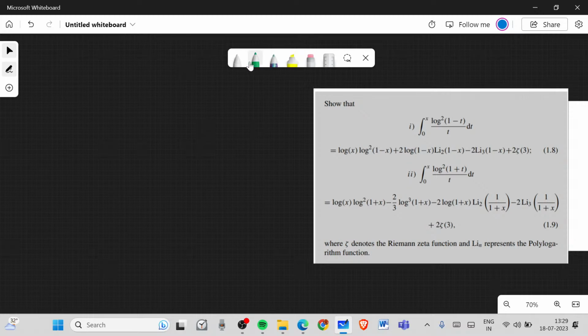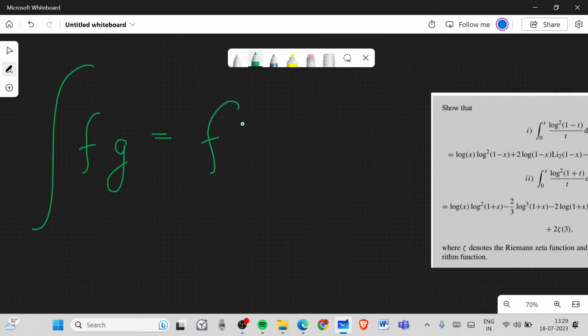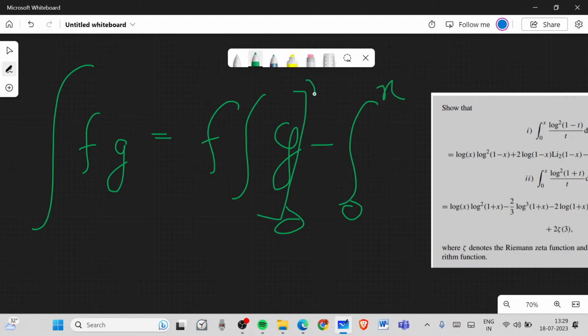The first thing I am trying is integration by parts. It's been the third video that I am repeatedly telling what integration by parts is. So if it's the integral of fg, then it can be written as f times the integral of g, minus the integral from 0 to x of the indefinite integral of g times f dash.